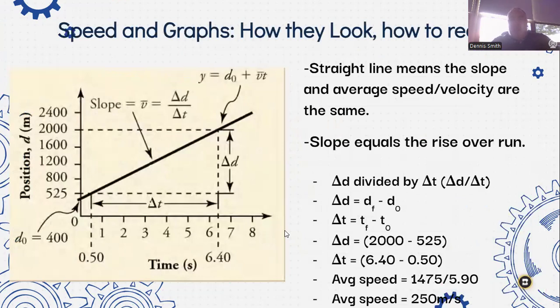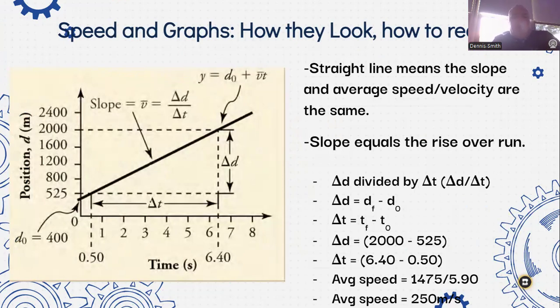Again, looking at this, a straight line means the slope and average speed or velocity are going to be the same. They're going to remain the same all the way through. Slope equals the rise over the run. Another way to look at this is you do the change in distance, the rise, which is the y-axis, okay, over the run, which is the x-axis.